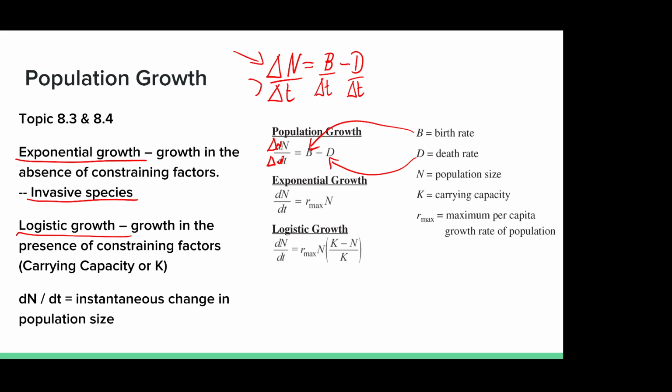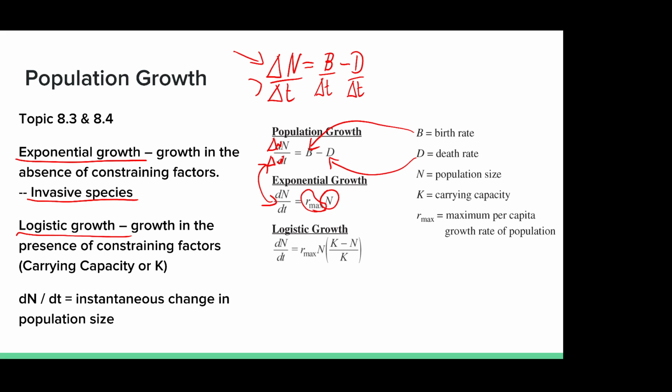I'm not going to go through the calculus of it, but fundamentally, for a population that's growing exponentially, its growth rate would be equal to r, which is called the maximum growth rate of the population, times n, the population size.